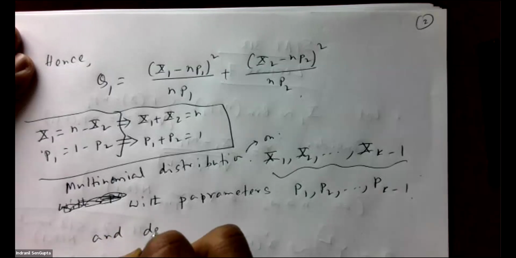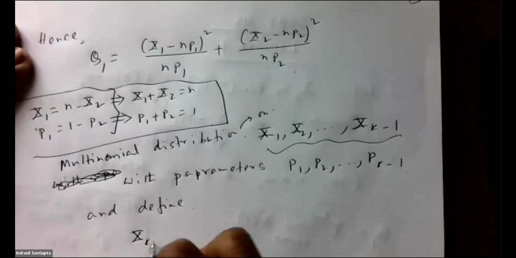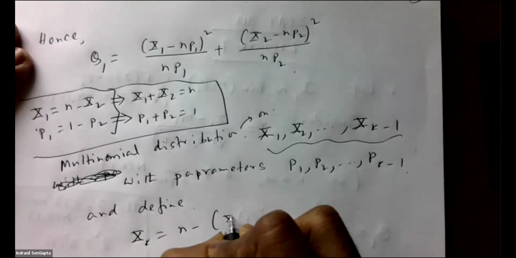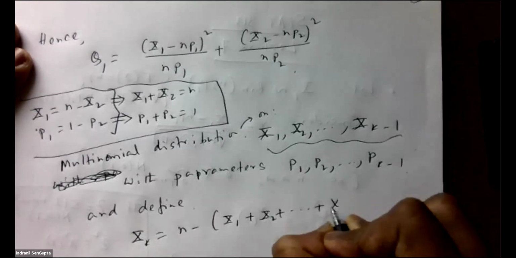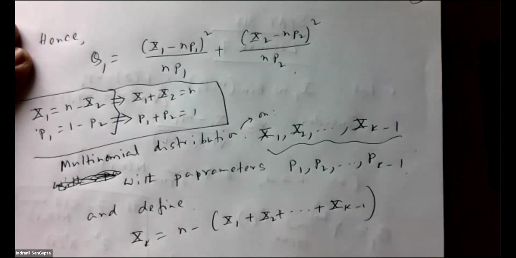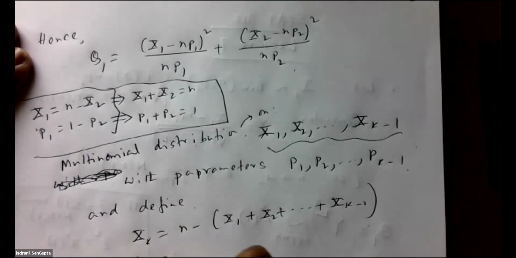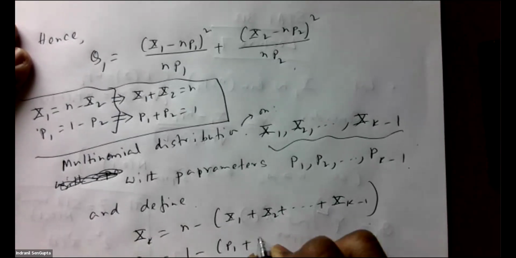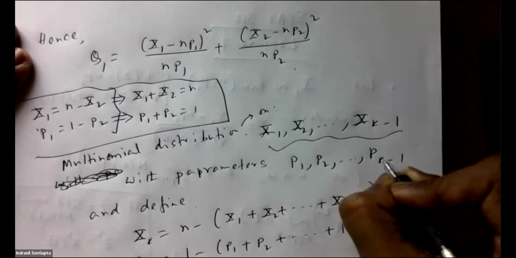Suppose we define X sub k as n minus all the previous sums, up to k minus 1, and p sub k is 1 minus the sum of the p's up to p of k minus 1.